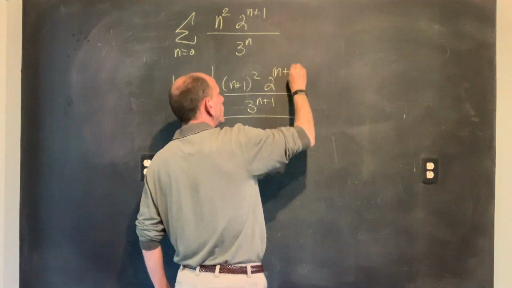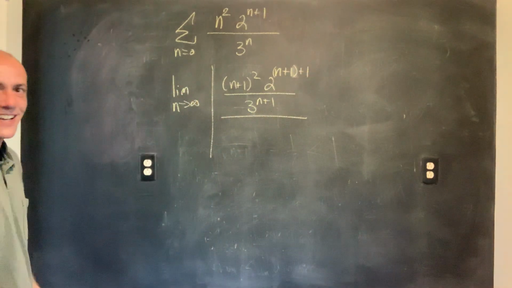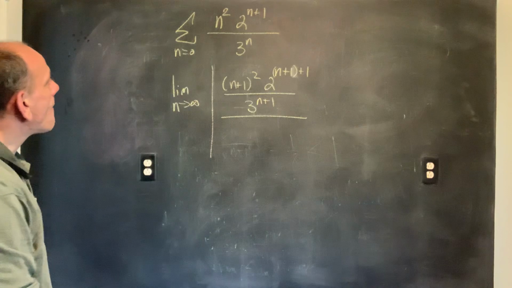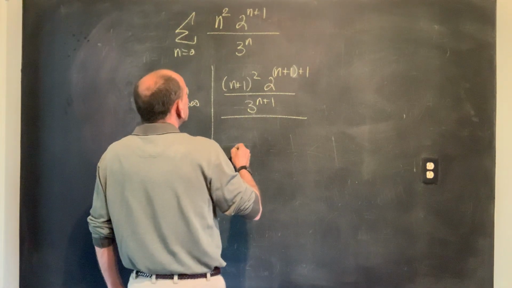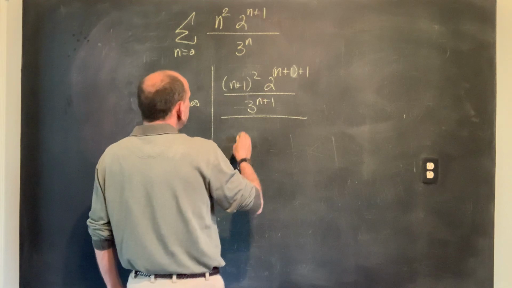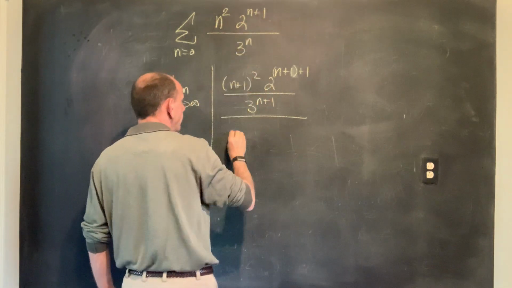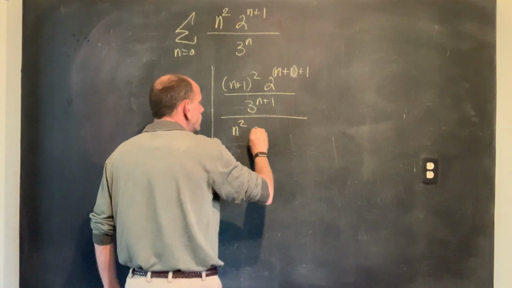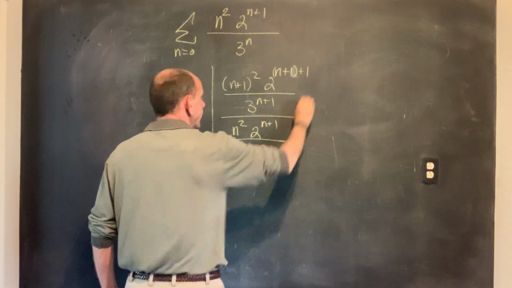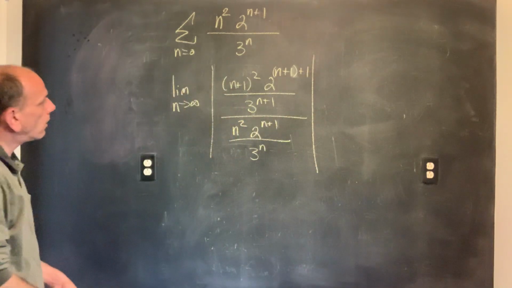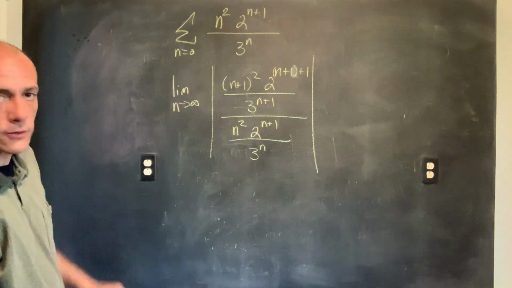I don't feel comfortable, but it's going to go away anyway. So we'll see in a second. All right, so that's my n plus 1th term. Now I just need my nth term. N squared 2 to the n plus 1 over 3 to the n. All right, so that's the limit that I'm looking at, comparing the two consecutive terms.